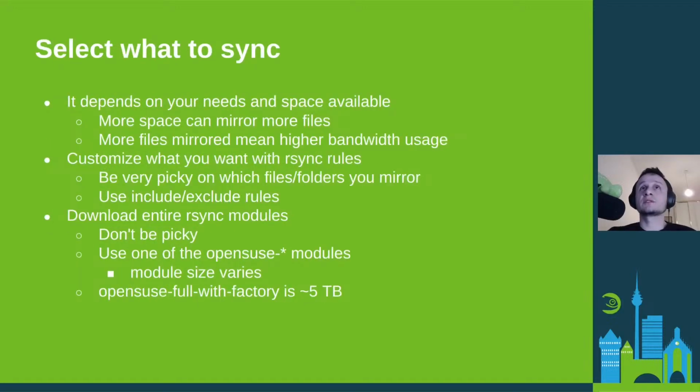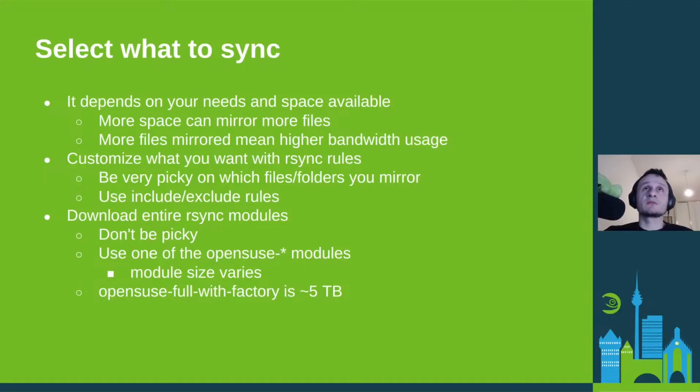Before we mention space requirements, in theory you can mirror anything you want. It depends on your needs and space available. It is possible to customize what you want to sync with rsync rules. You can use the rsync rules to be picky on which files and folders you want to mirror.